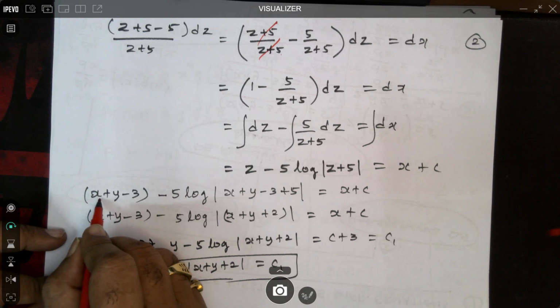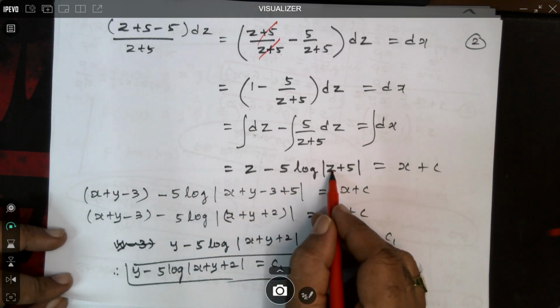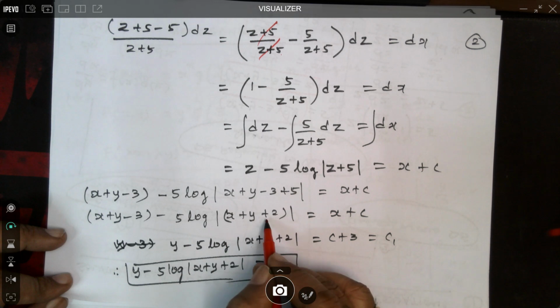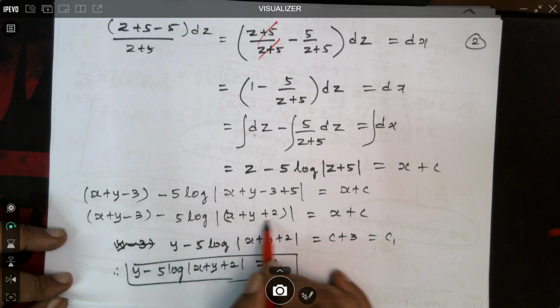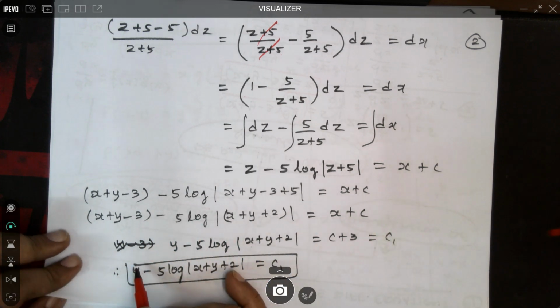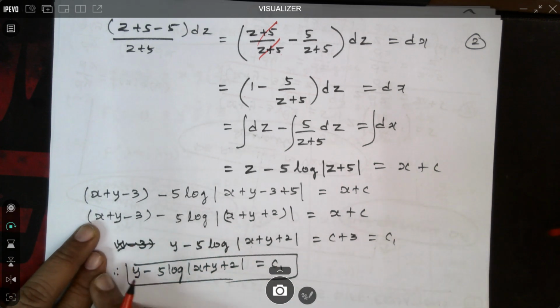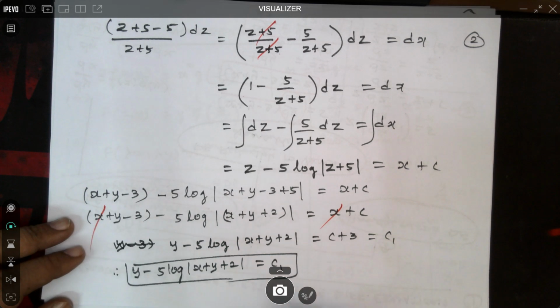So we substitute x plus y minus 3, and minus 5 into log of, instead of z you can put x plus y minus 3 plus 5. So minus 3 plus 5 becomes plus 2, and you get x plus c. Now you can bring the x to the other side, thereby you can eliminate these two x, got it?